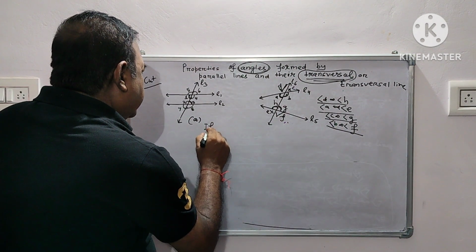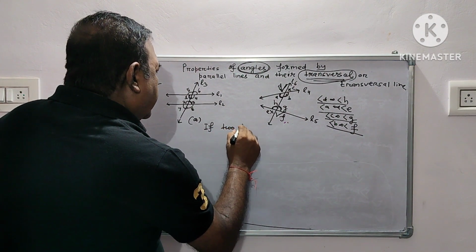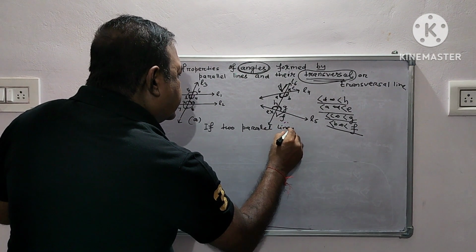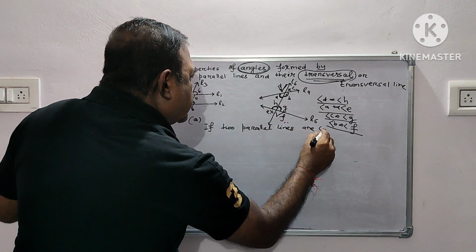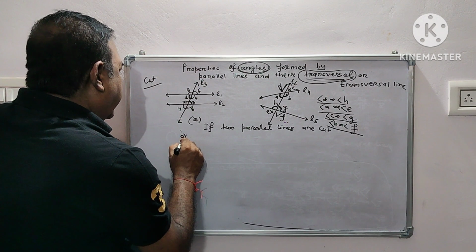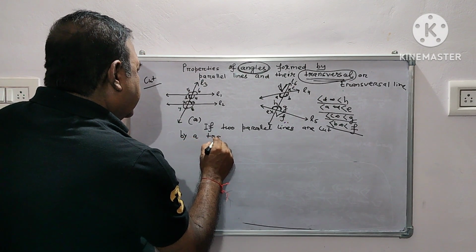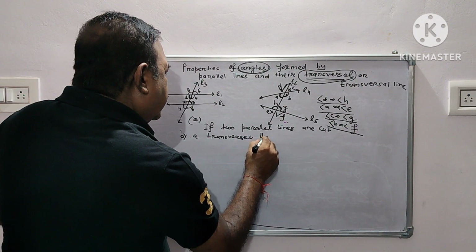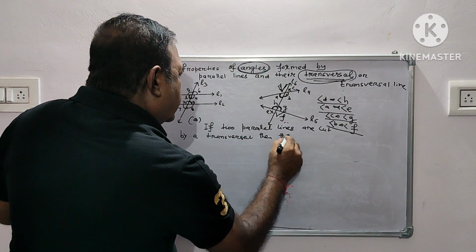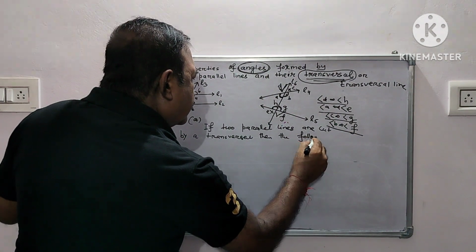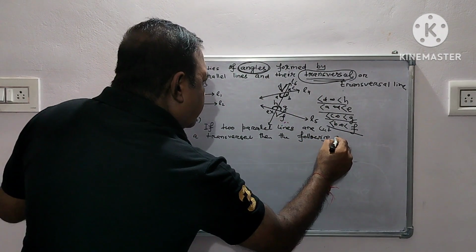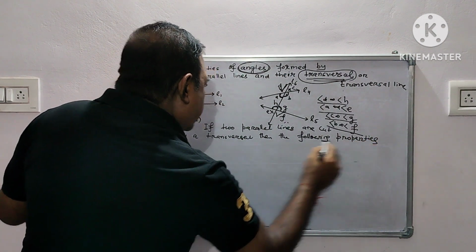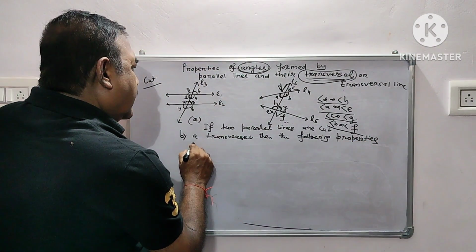If two parallel lines are cut by a transversal, then the following properties are true.